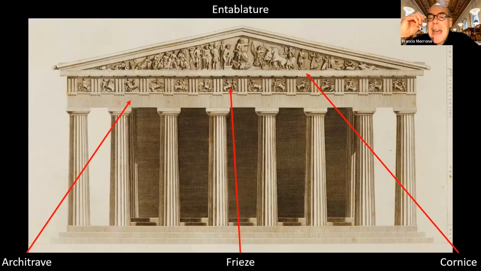And if you look at the word, you see that it is N, then T-A-B-L, like table, which is what entablature means. So it's like the tabletop, and the columns are like the table legs.